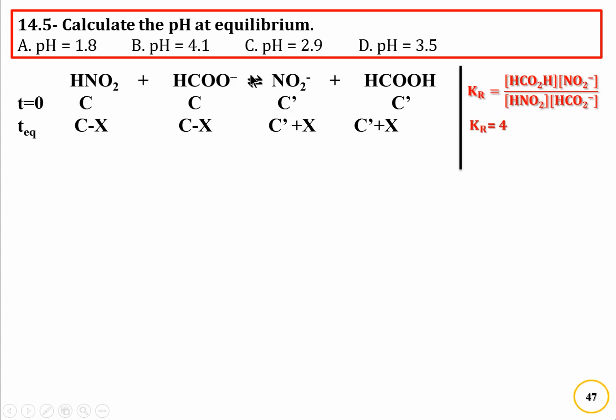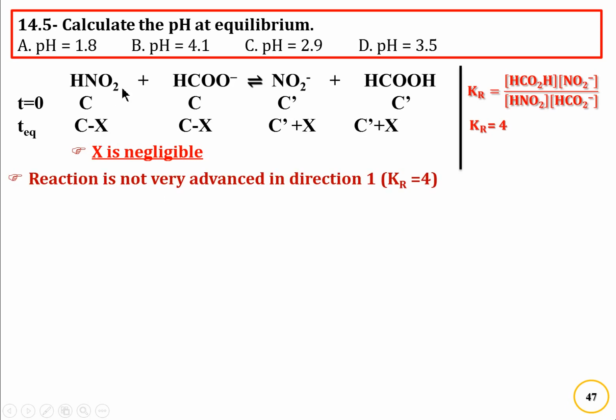That means the reaction is not very advanced. So in this type of problem, x is negligible. So the reaction in direction 1 is not very advanced. The reaction in direction 2 is limited since K reverse equals 1 over 4, equals 0.25.